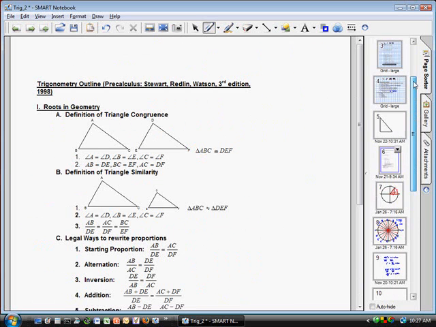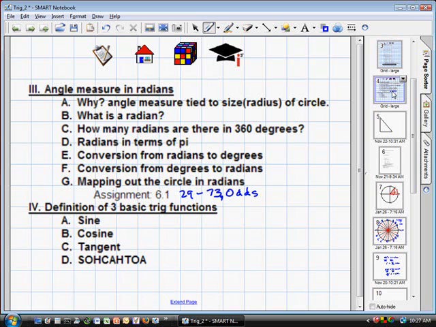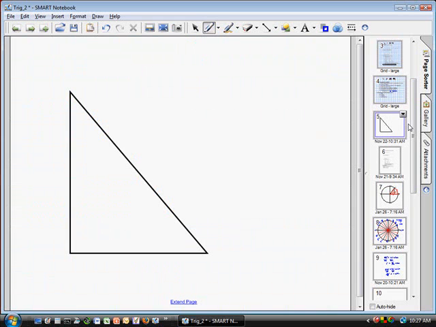Let me just get back to my roadmap. So we've pretty much done Roman numeral 3 now. Now Roman numeral 4. And we'll use this graphic for this. Okay? I have pictured here a right triangle.